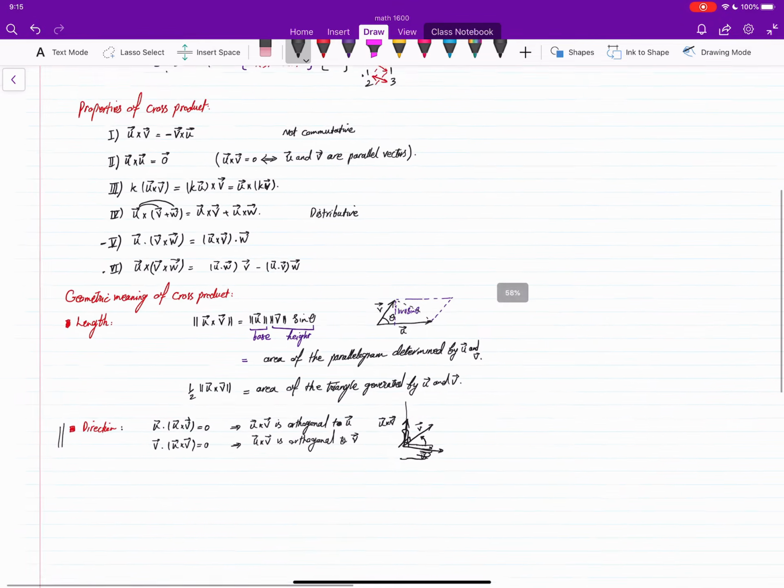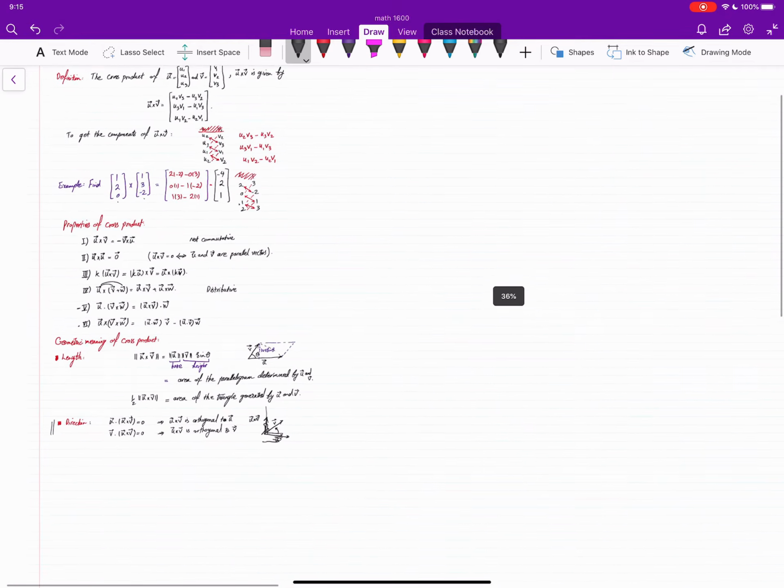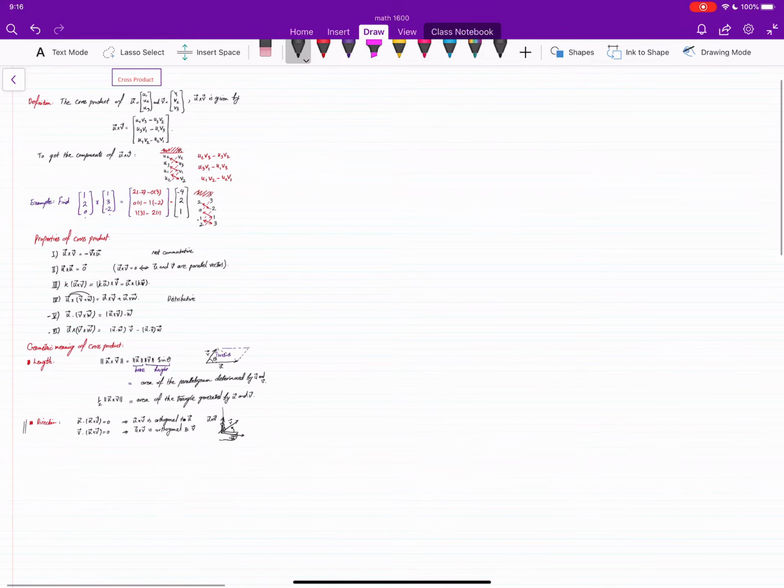So we introduced cross product and studied the properties. You have to know these ones, and you have to be able to prove some of them. Actually, we will have some of them in the assignment. And that's the cross product.